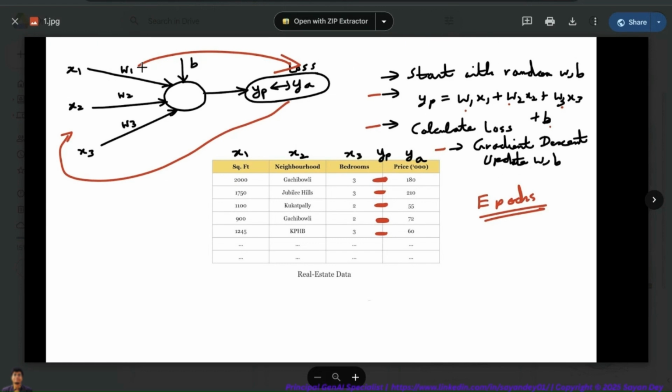Then with that updated W and B, you again do forward propagation. You again calculate the predicted value with those updated W's and B's now. And naturally, this time it will be a little better, right? Because you went back and updated the weights and biases, and based on that, when you recalculate your loss, the loss would have reduced a little.